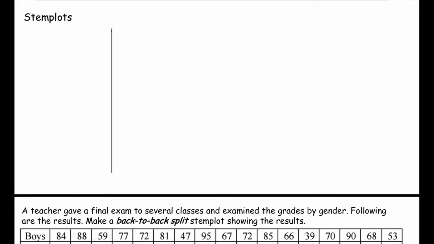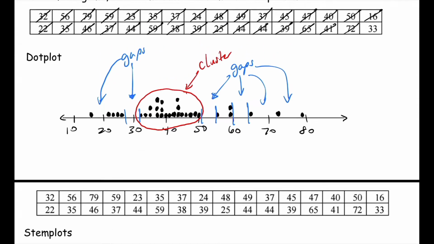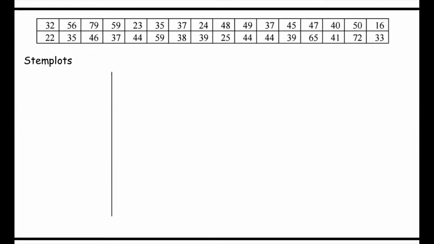For example, this data goes from 10 to 80, so I'm going to number a kind of sideways number line from 10 to 80. I'm going to put 1, 2, 3, 4, 5, 6, 7, 8.